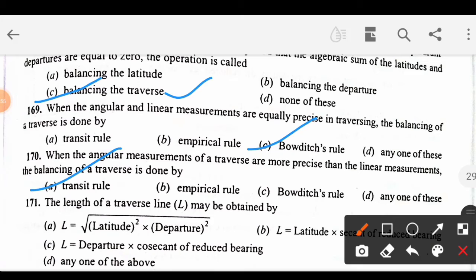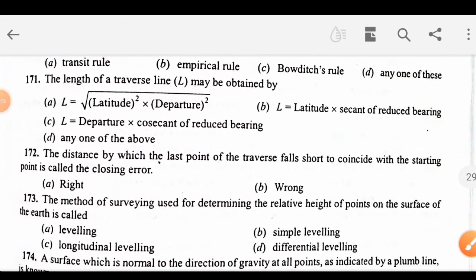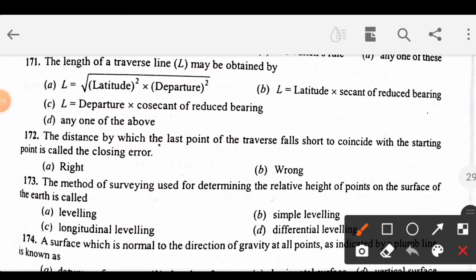उसके बाद देखो, question number 171. The length of a traverse line L may be obtained by L equals square root of latitude squared plus departure squared. L equals latitude into secant of reduced bearing.